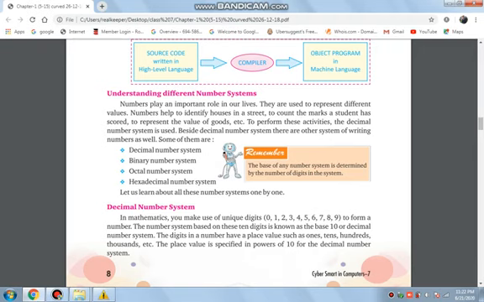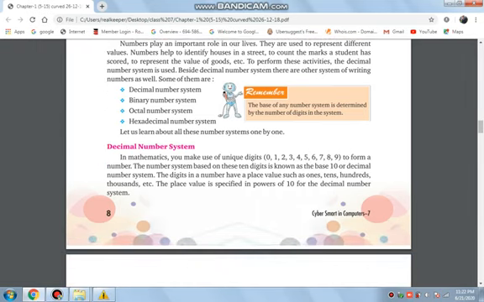We have the decimal number system, binary number system, octal number system and hexadecimal number system. So let's understand these number systems one by one. In today's class we will cover the introduction of these number systems, and in the next class we will cover numericals and techniques related to these number systems.